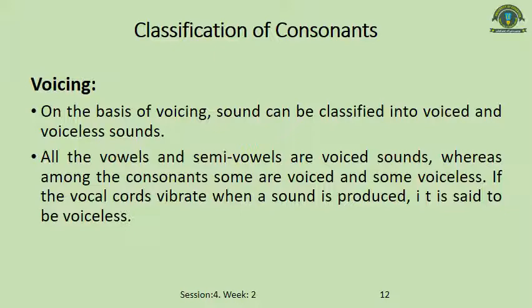The topics we had to understand are on the basis of three areas: one is the voicing, then the place of articulation, and the third one is the manner of articulation. We have to classify the consonants, but we are focusing on the classification of consonants on the basis of voicing so far. And I want to read this line again: on the basis of voicing, sounds can be classified into voiced and voiceless sounds.